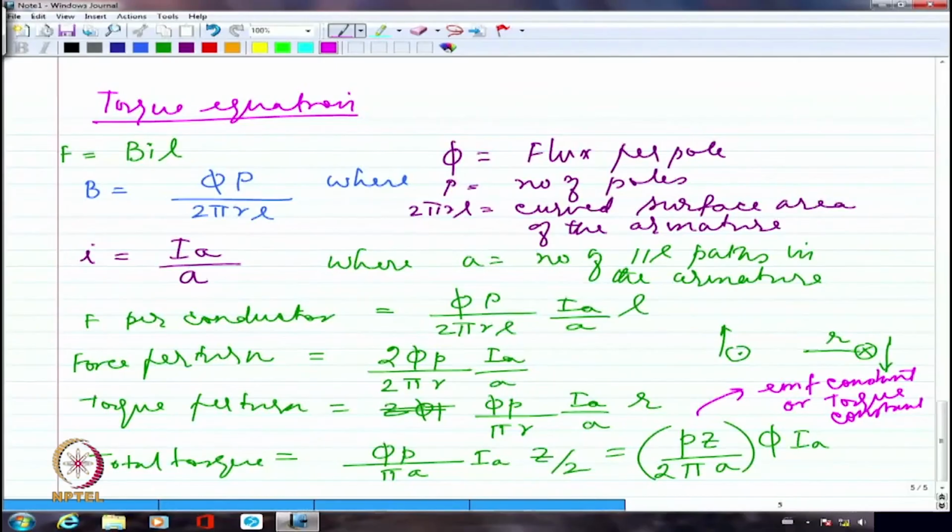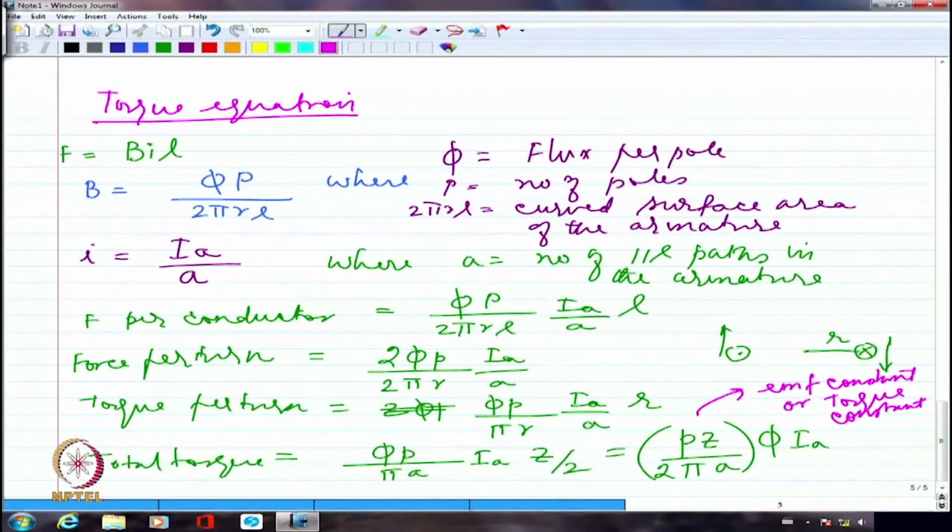Both are equally valid, because as long as I express the speed omega in radians per second, my torque constant as well as EMF constant are one and the same. So I would say this, PZ by 2 pi A, is the constant for a given machine.